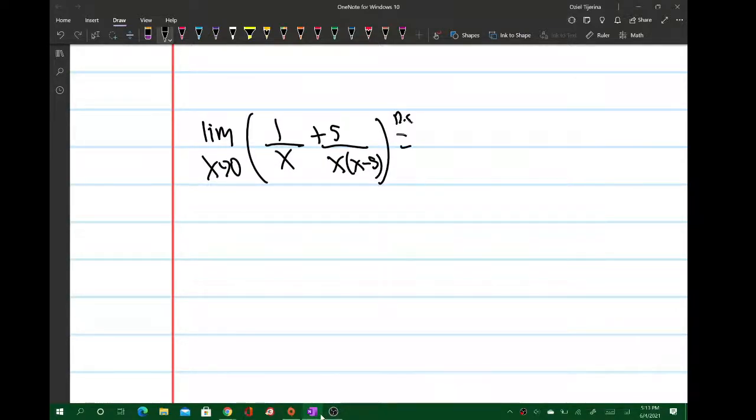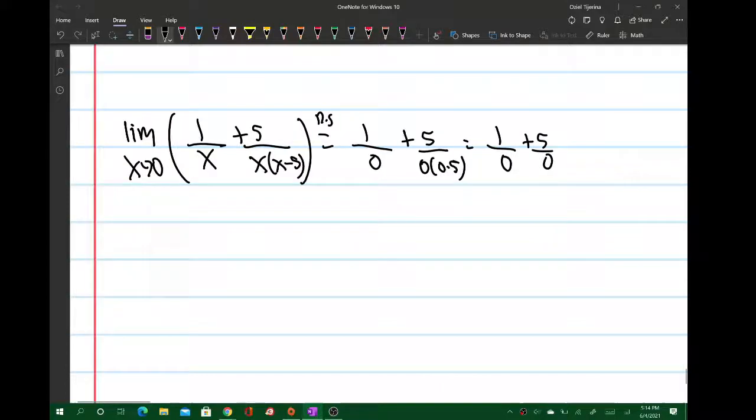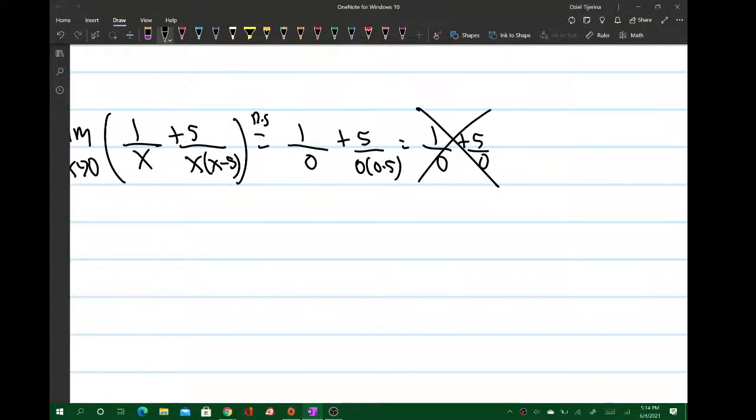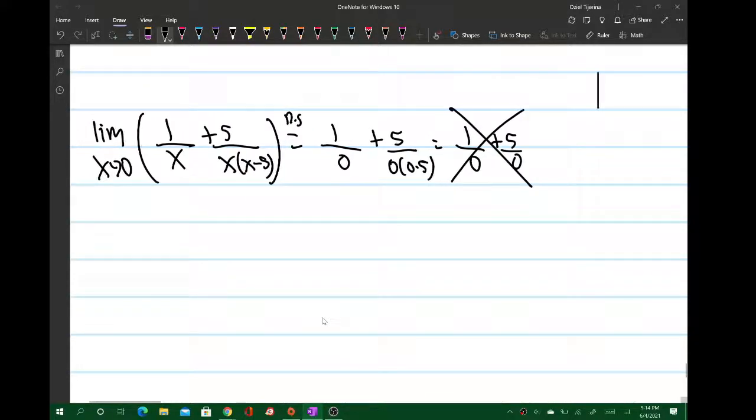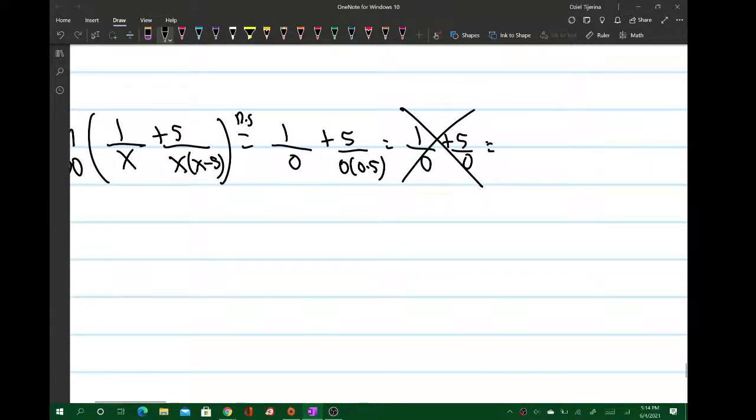Again, by direct substitution, that's going to be 1 over 0 plus 5 over 0 times 0 minus 5. That's just going to be 1 over 0 plus 5 over 0, which cannot happen. It's going to be undefined plus undefined, which cannot happen. That's indeterminate.